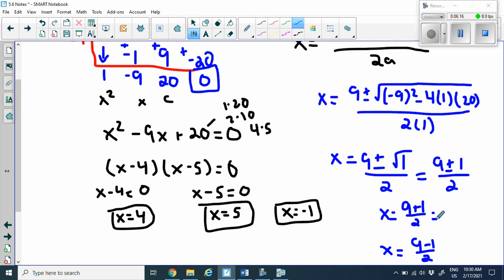This one gives me 10 over 2, which gives me 5. And the other one gives me 8 over 2, which gives me 4. So notice that even when we use the quadratic formula, we get the same answer as when we factored. You can do either to get the same answer.